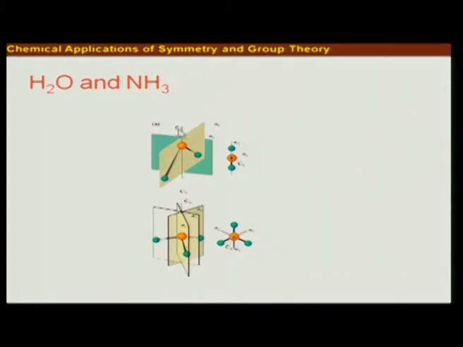You have C2 along this axis. You have two sigma planes, denoted as sigma V and sigma V prime. One contains all the atoms, while the other one bisects the HOH angle. And as usual, you have the identity operation. So the total symmetry operations are 4: E, C2, sigma V, and sigma V prime.